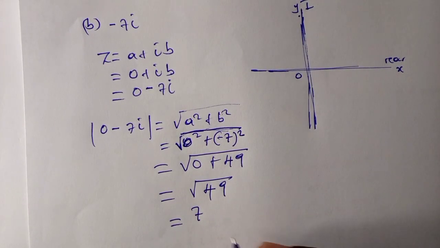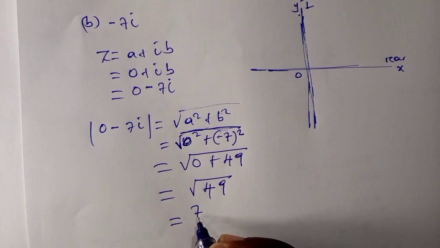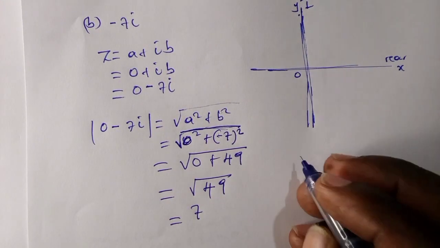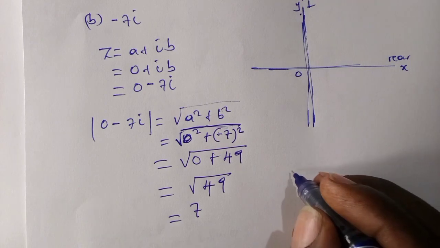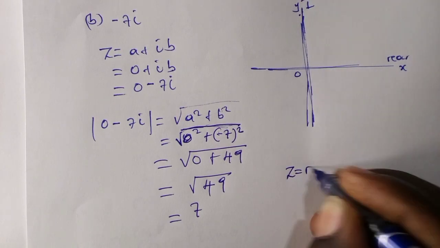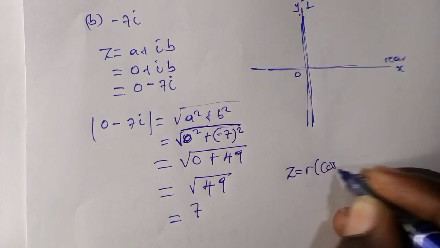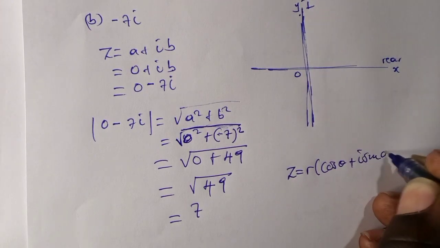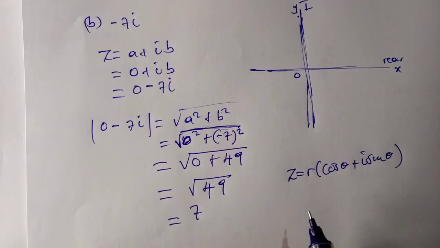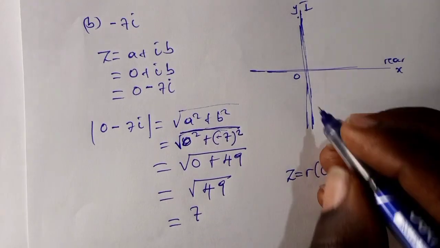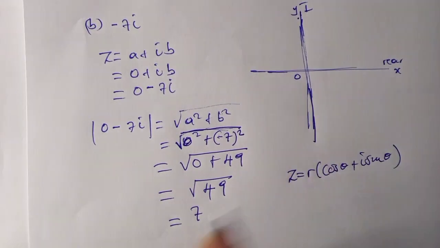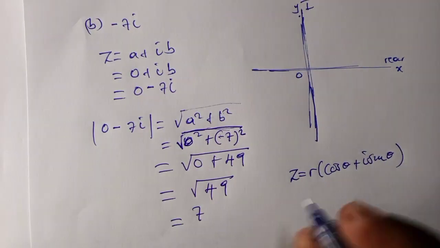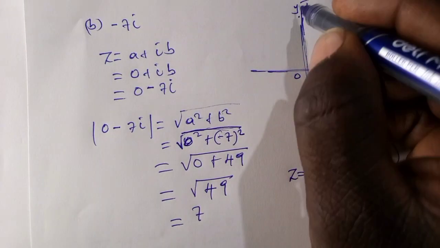So now we have found that r is 7, and the standard formula for the polar equation is z equals r open bracket cos theta plus i sin theta. In which we're going to follow this question. We have minus 7. So where is minus 7 on the imaginary axis?